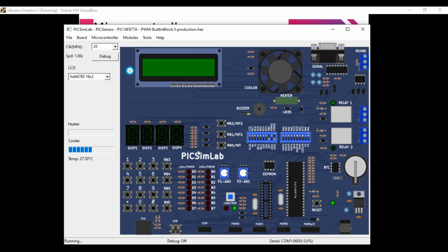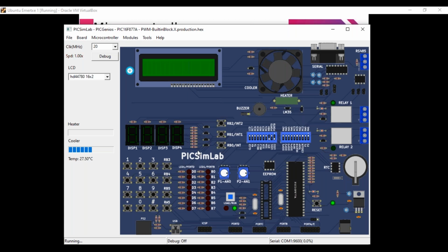Now tell me, how many input output lines do we have in the PIC16F877A microcontroller? Do you remember? Yes, it is 33.